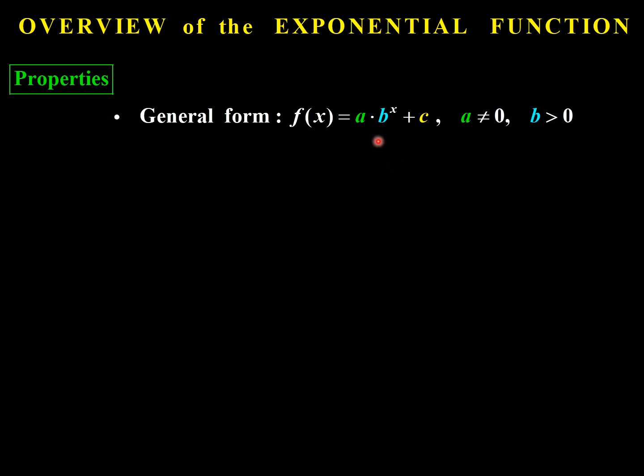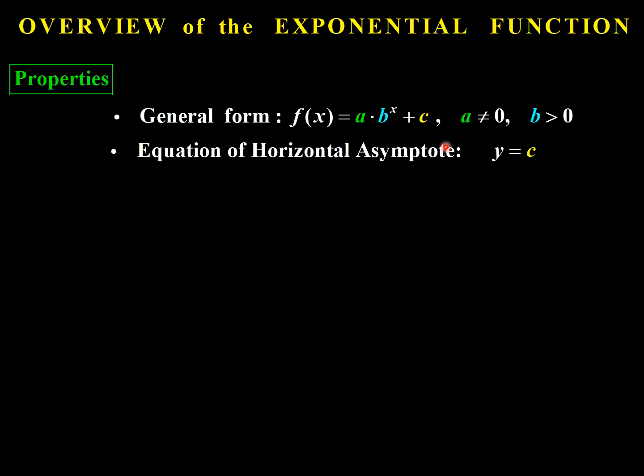We have a times b to the x plus c, and it's important here, a can never be 0. And b must always be a positive value, right? The b here will indicate whether the graph is going to be increasing or decreasing, and the c there will indicate to us what the asymptote is going to be.